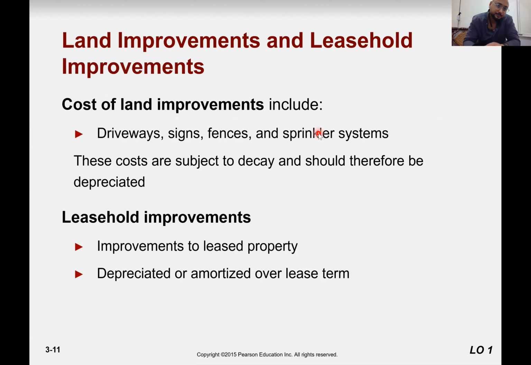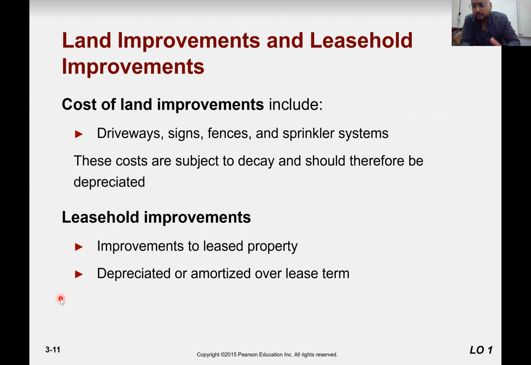But there are some lease improvements as well. Sometimes you don't buy, you rent out, like car parking services. Lease improvements basically depend on the term.